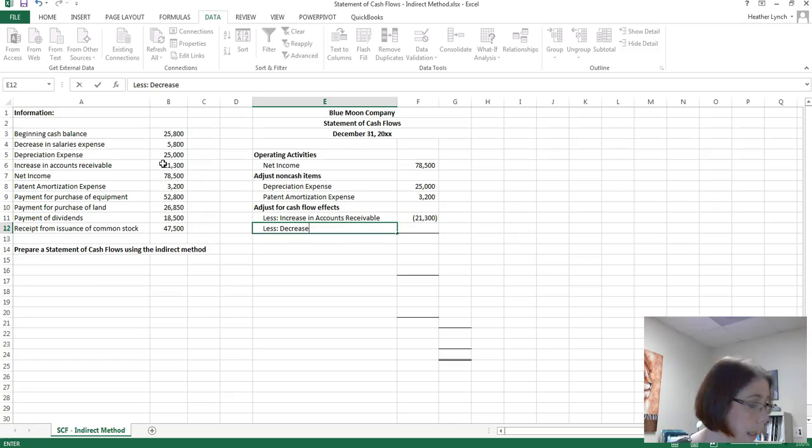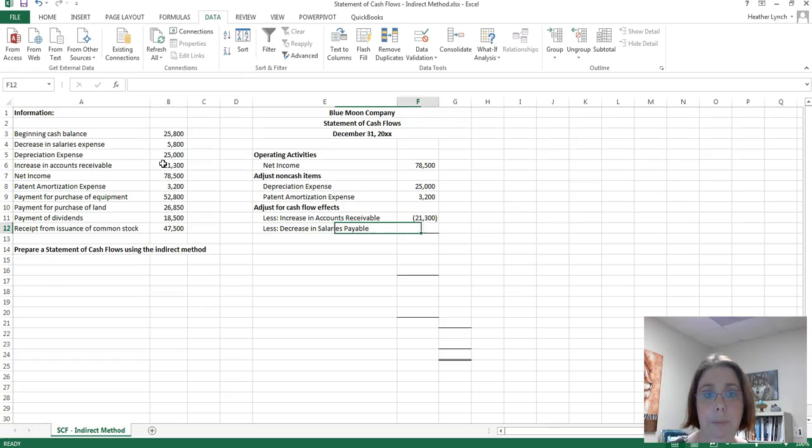We also have less a decrease in salaries payable. If we had a decrease, that means we paid money out. So that's going to be equal to a negative $5,800.